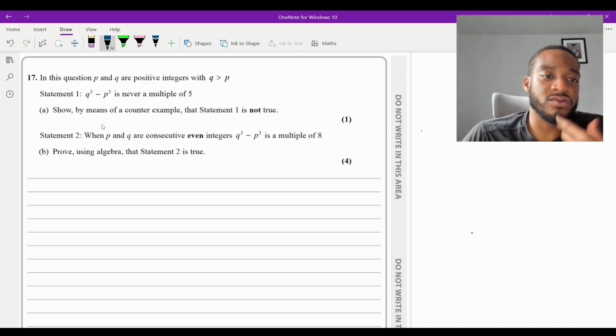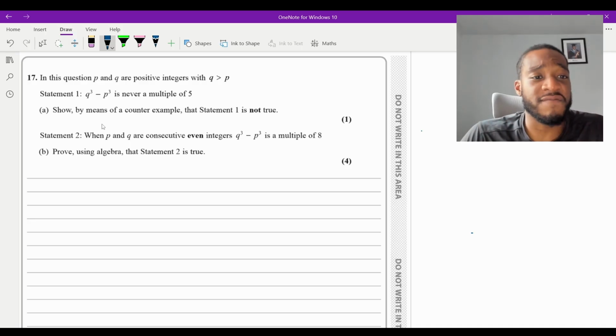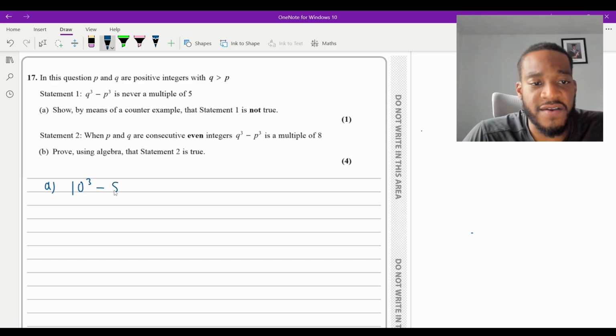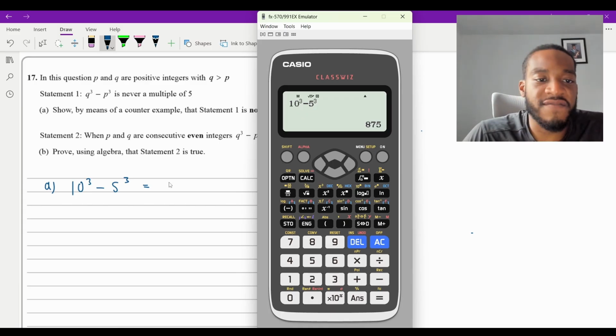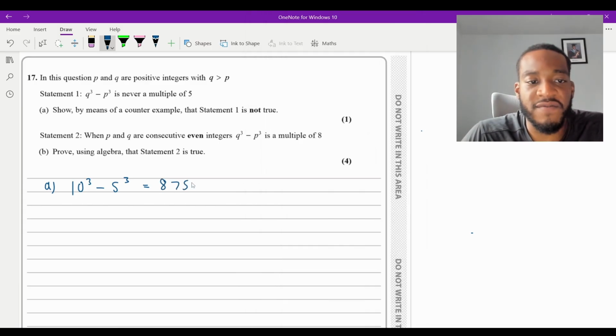So I'm thinking, first of all, 10 and 5, right? 10 is greater than 5. We can cube them, see what the difference is, and see if it's contradictory. So I'm going to say part A. I'm going to do 10 cubed, take away 5 cubed. What is this equal to? 10 cubed, take away 5 cubed is equal to 875. That ends in 5, so it's a multiple of 5.